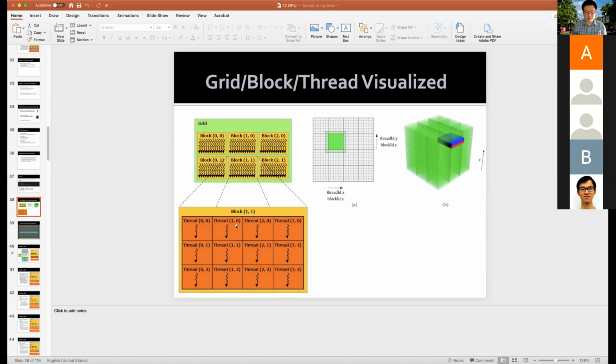And then you can map your thread. For example, for this thread, you will have a local thread ID and a global thread ID, because this is only for block 1,1. You can map the thread with the global ID to the data you want to deal with, similar to matrix multiplication.